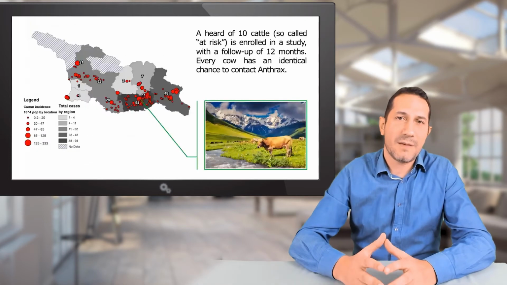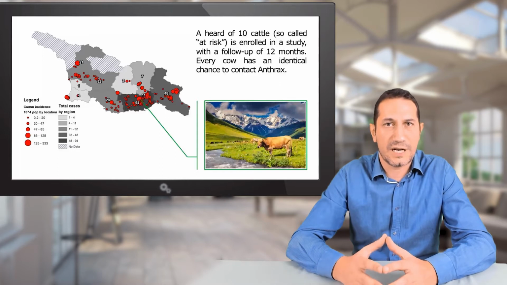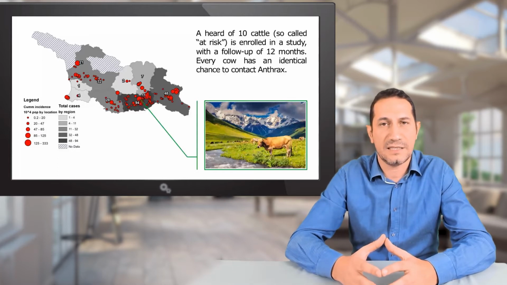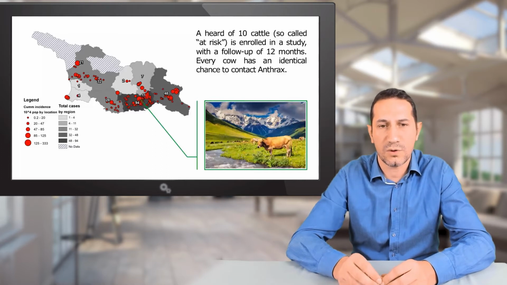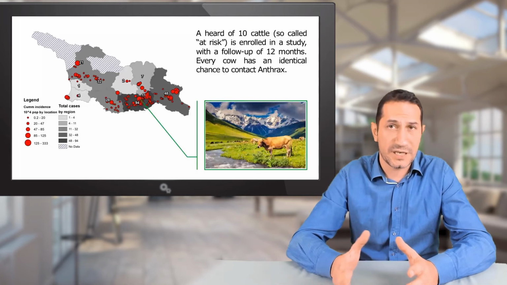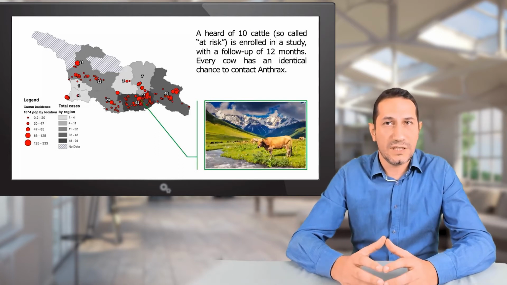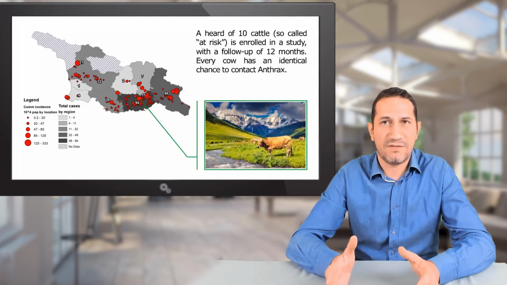Let's take an example of anthrax in Georgia. This disease in the country of Georgia is endemic and highly prevalent in the south of the country. So we'll follow a herd of 10 cattle, let's say the population at risk, which is enrolled in our study for a period of 12 months.